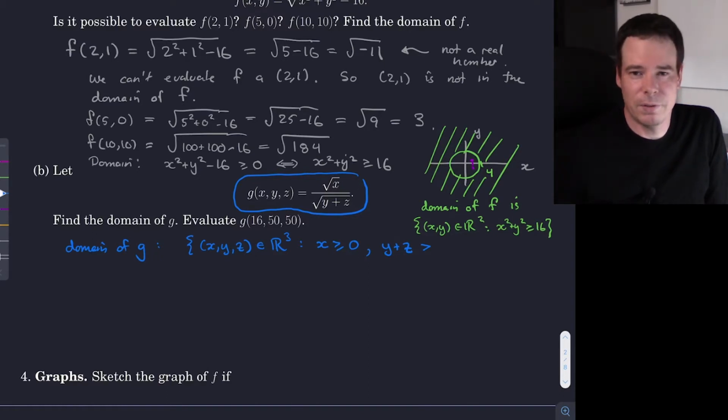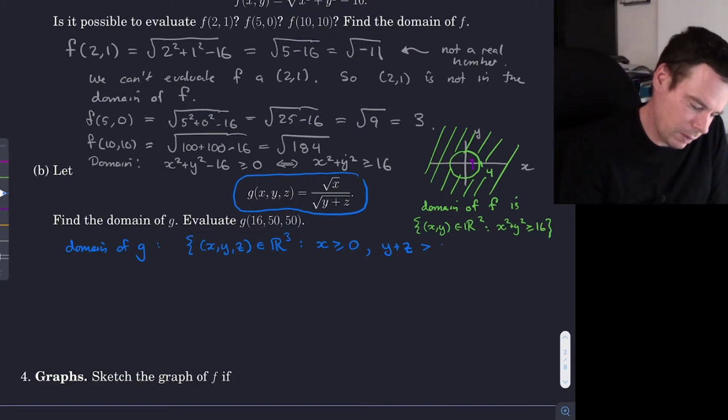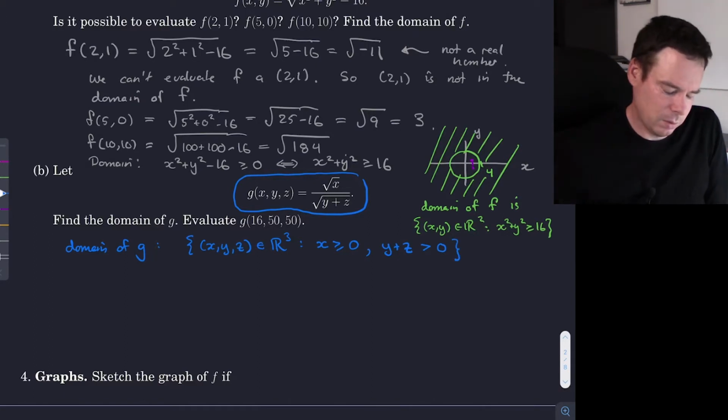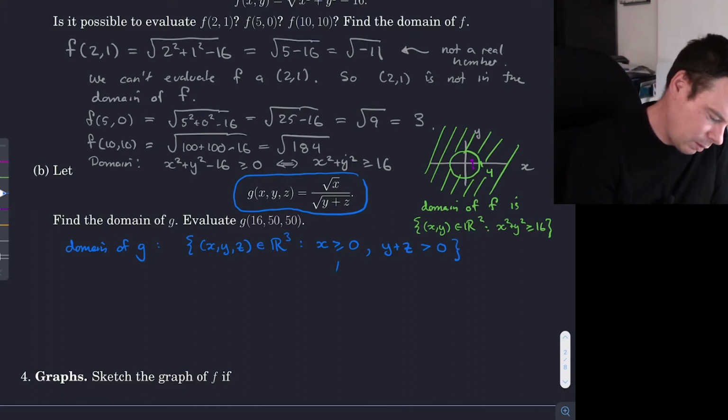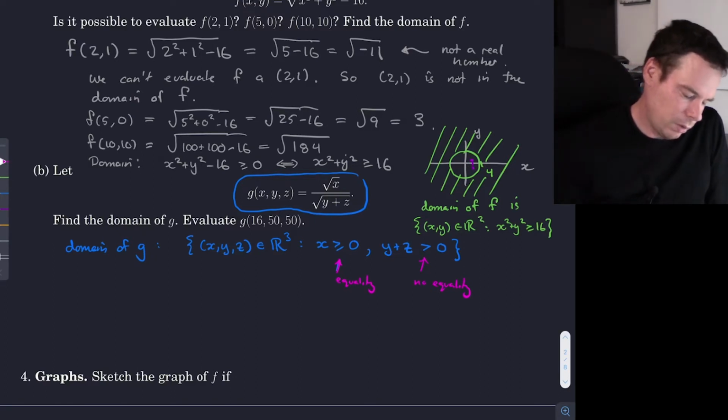So I'm also going to have to divide by it, which means I can't have it being 0 because I can't divide by 0. So I need it to be strictly greater than 0. So notice the subtlety here is we have equality and no equality here. The denominator can't be 0, but the numerator could be. So there's our domain.